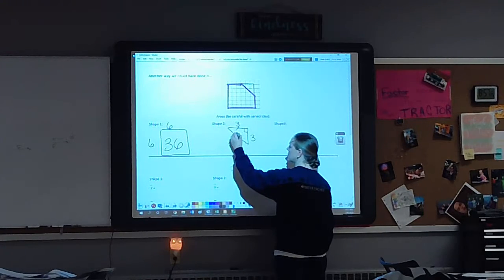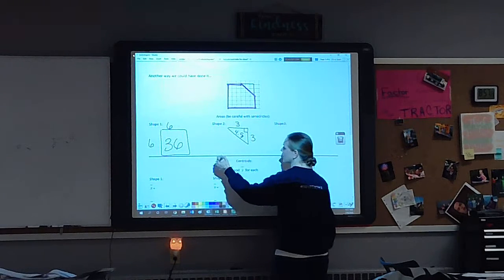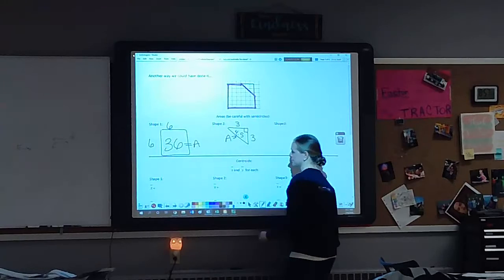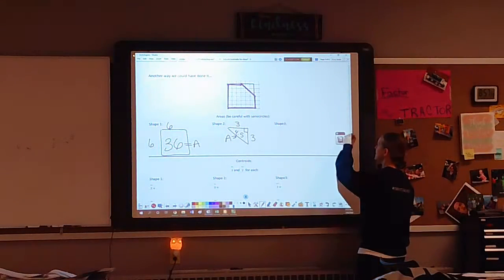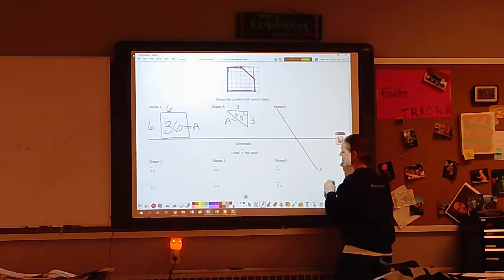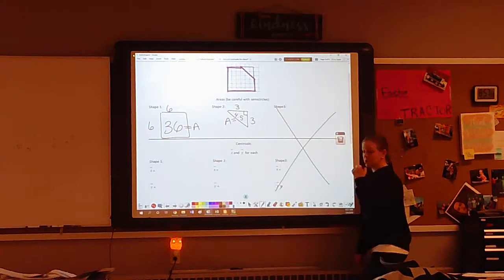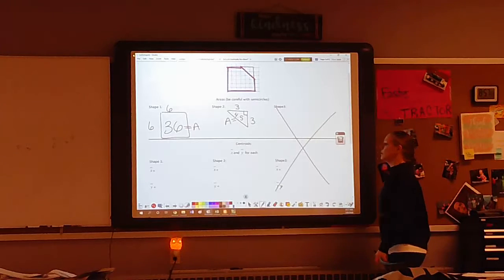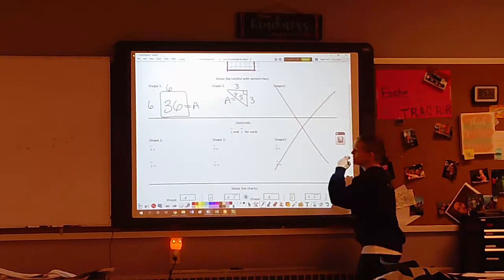So let's put the area in there, 4.5. We can completely eliminate a shape 3. We don't need a shape 3.